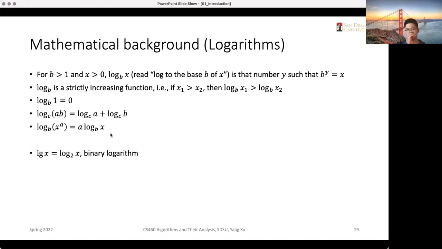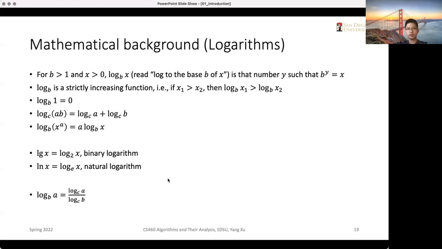For logarithm base 2, we can use lg for more brief notation, and the logarithm base e can be written as ln. But in this case, we will usually use lg as the most common usage.